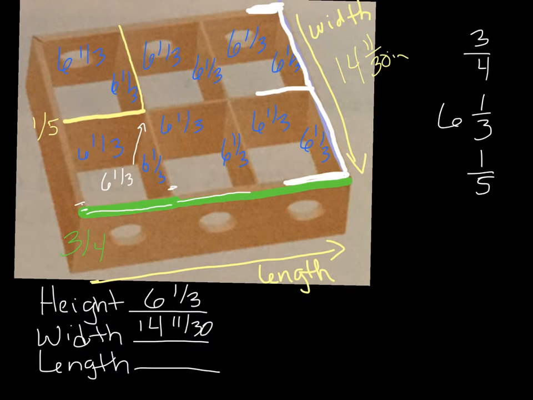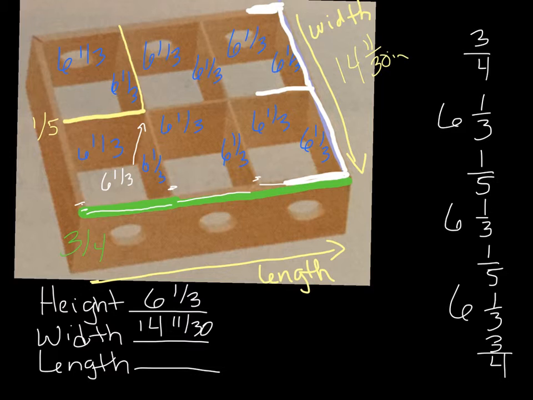Then we have another long one, which is 6 1/3. Another thickness to the inside wall, which is 1/5. Another long portion of the wall, which is 6 1/3. And then our final thickness of the outside wall, which is 3/4.